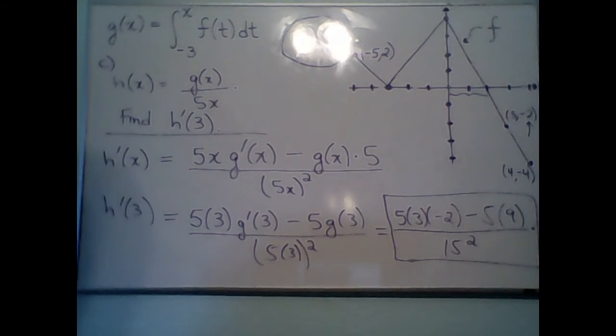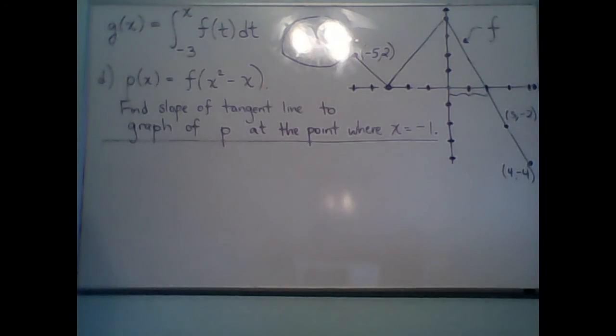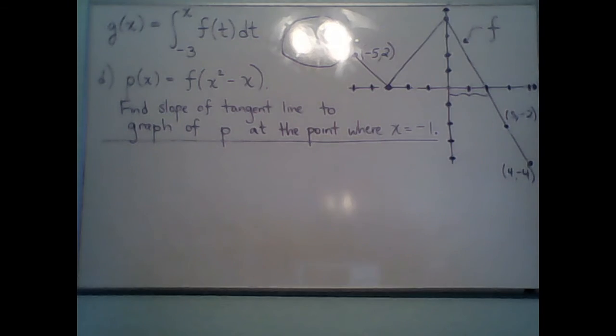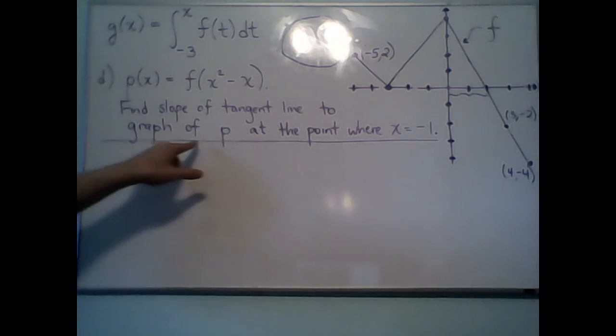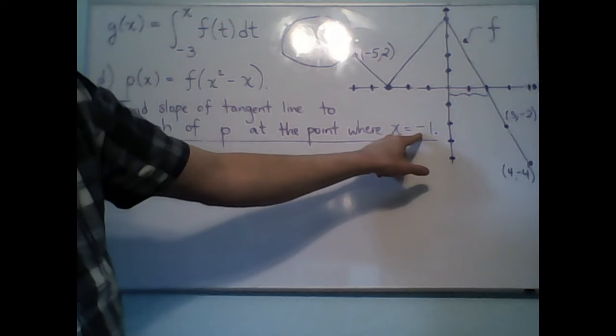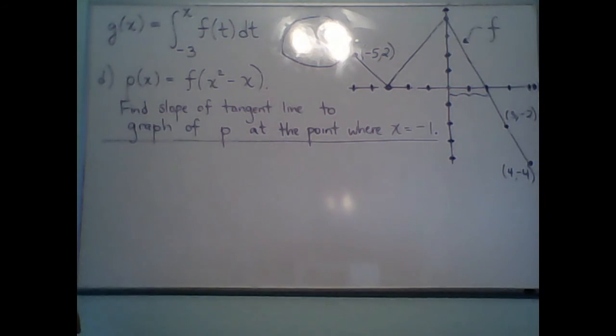Let's do part D. Okay, part D defines this new function p of x as f of x squared minus x. And it says find the slope of the tangent line to the graph of p at the point where x equals -1. Okay, well, the slope of a tangent line is a derivative.